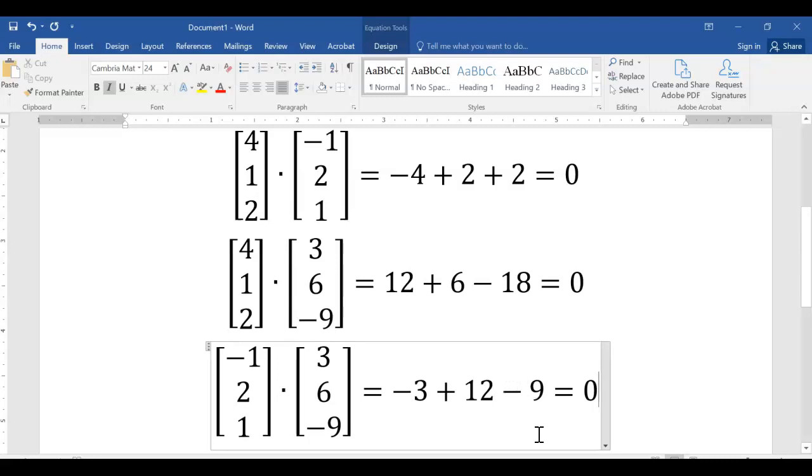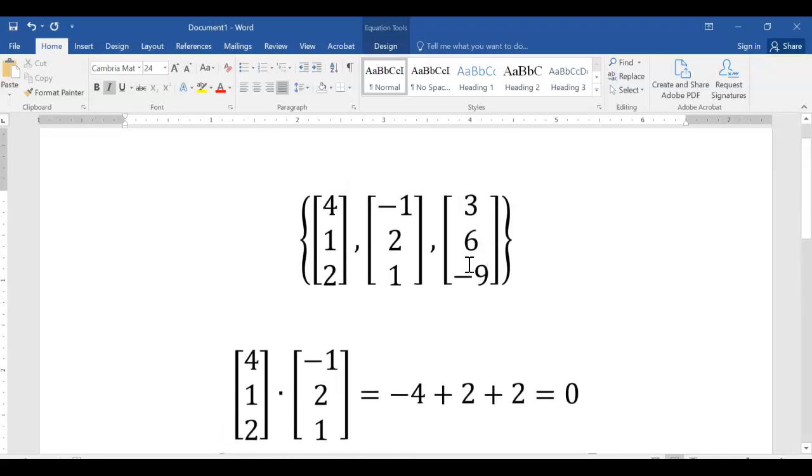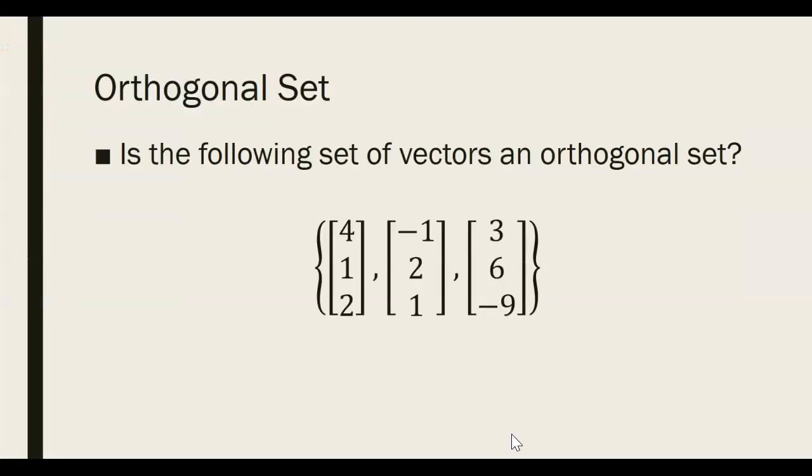So no matter which two vectors you choose from this set of 3 vectors, any pair is orthogonal, and therefore this is an orthogonal set.